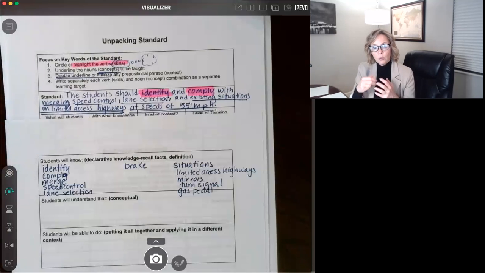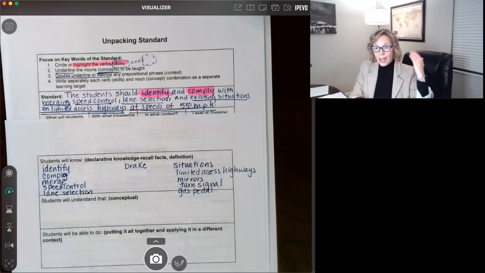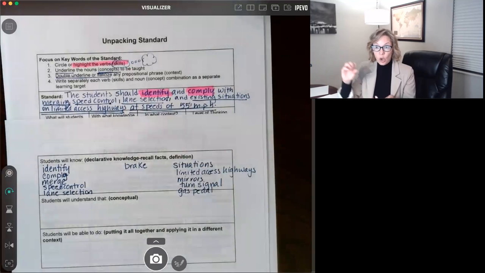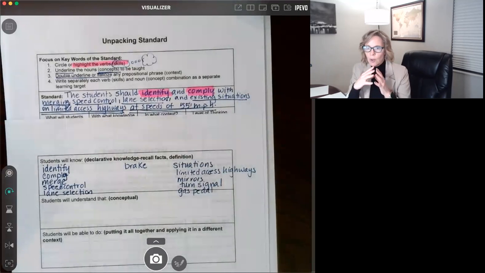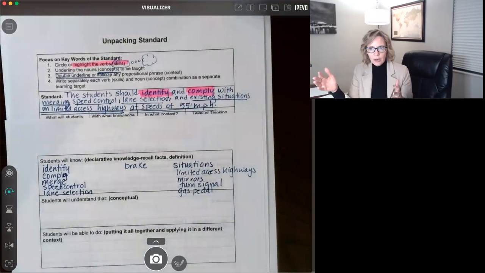And the reason why I say it's really nice to do this work, especially if you're going to do some vertical teaming, is that the language stays the same from elementary to high school, and it builds upon each other. So there's a really strong scope and sequence. I cannot tell you how many times I sit down with buildings or teams and they're using the words with different definitions. And every time students switch classes or grade levels, they're confused.